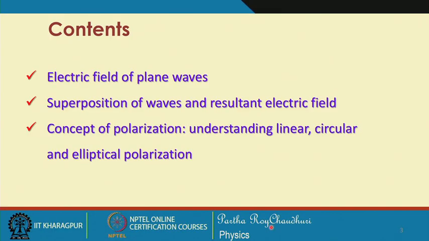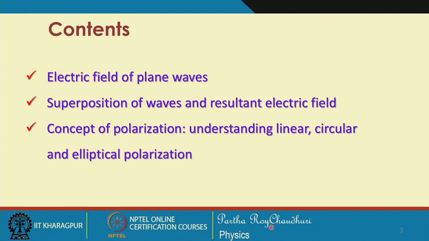So, the content of this discussion is the electric field of plane waves. We will try to learn how simply and lucidly we can express plane electromagnetic waves, and then we will take the superposition of waves, which will give the resultant field in terms of the electric field.